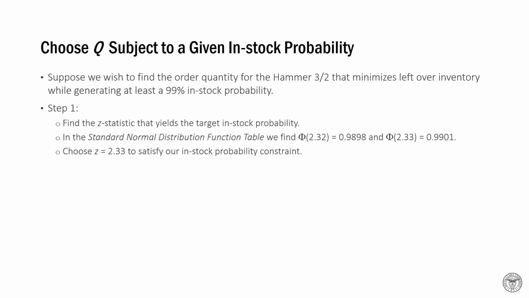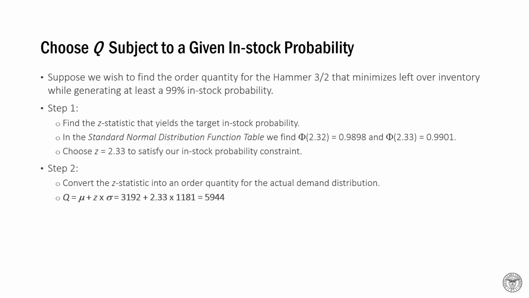In step 1, we determine the appropriate Z statistic from the standard normal distribution function table that corresponds to our desired in-stock probability. By comparing the values, we choose Z equals 2.33 to meet our constraint.